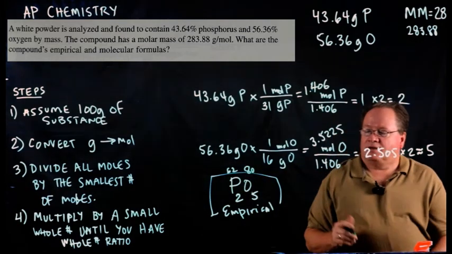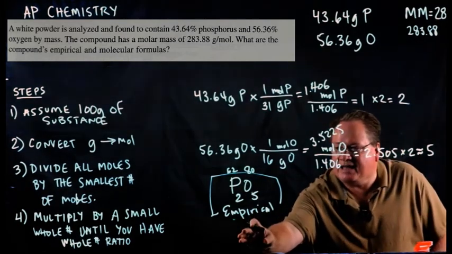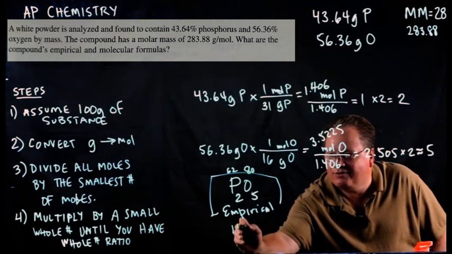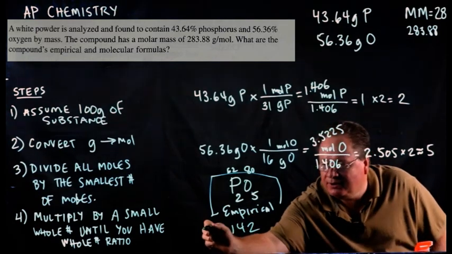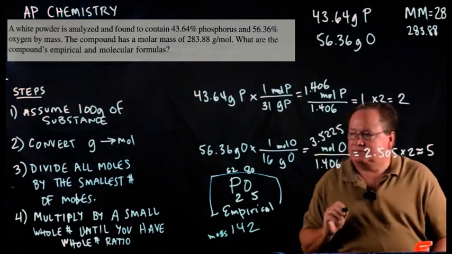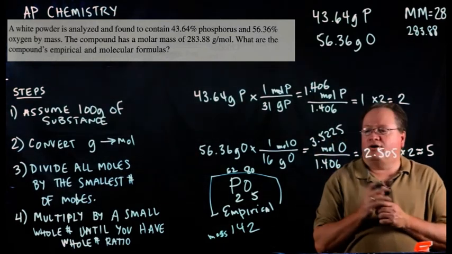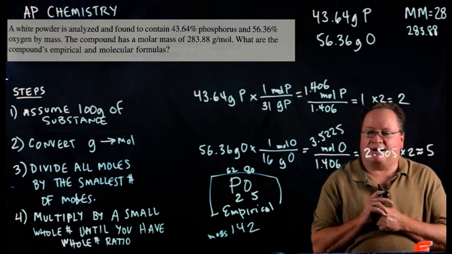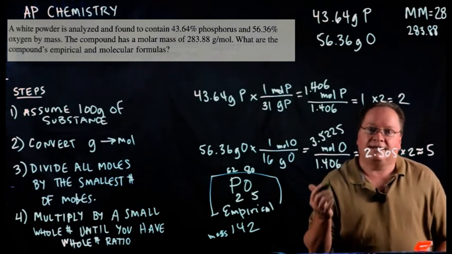Okay? So I know that my empirical mass must be 142. All right? I know that my empirical mass is right around 142. I need to get the multiplier.